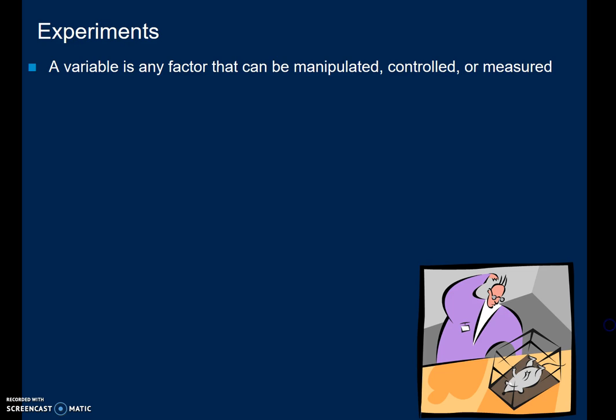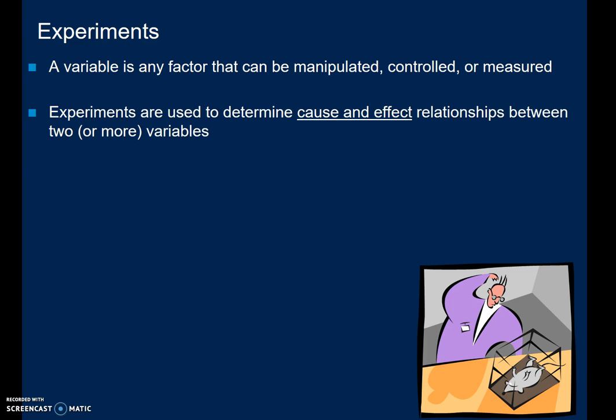And experiments are kind of unique because this is a research method where a researcher can manipulate a variable or change a variable on purpose, and then we can measure the effect that that change has on something else.